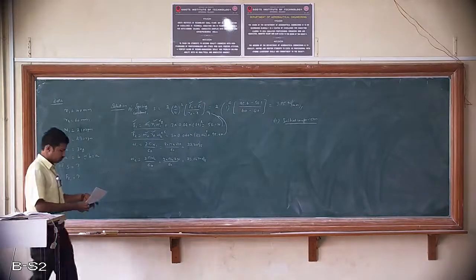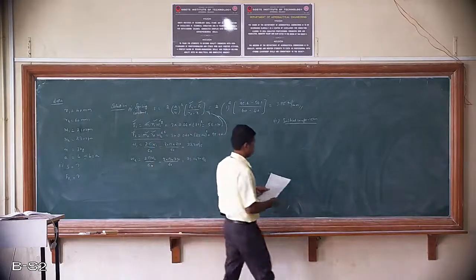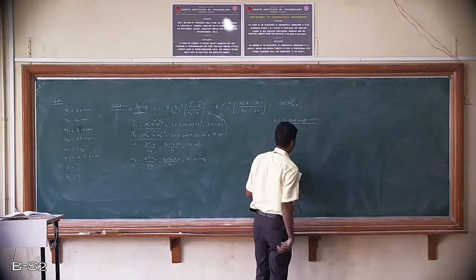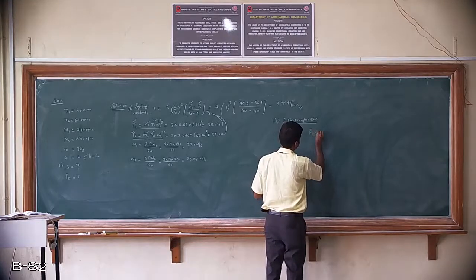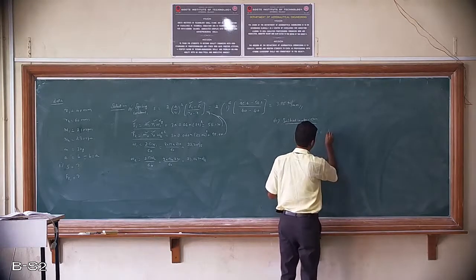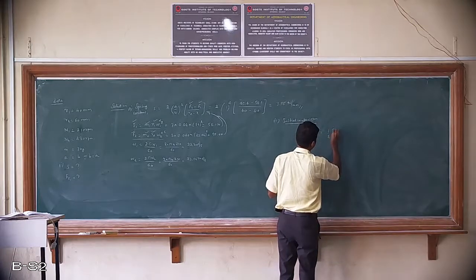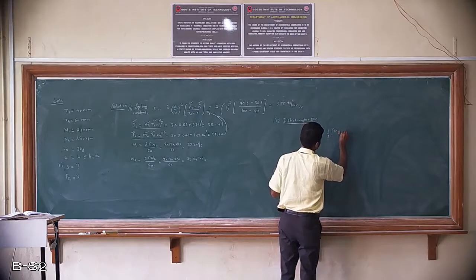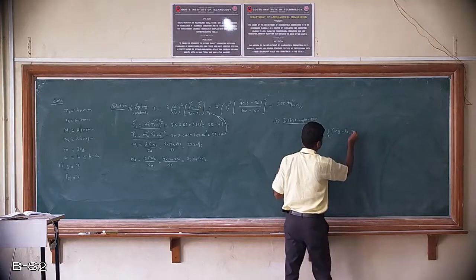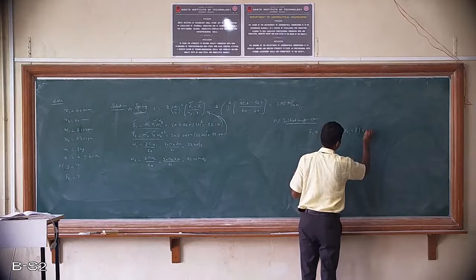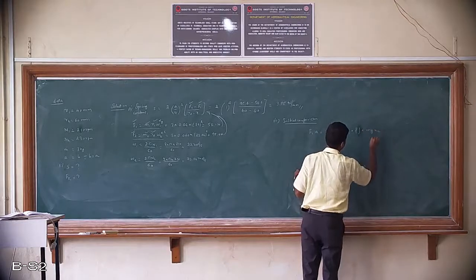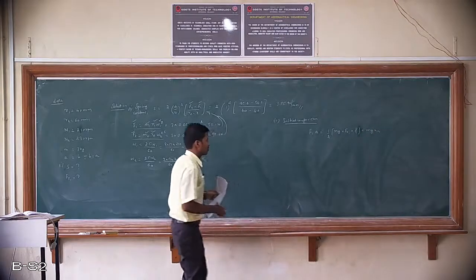To get it, we use the equation which we have derived: F1 into A is equal to 1 by 2 into bracket mg plus Fs1 plus F, plus mg into C1.